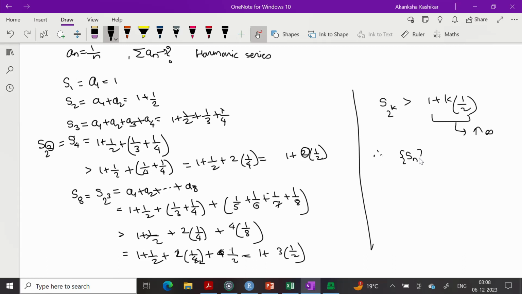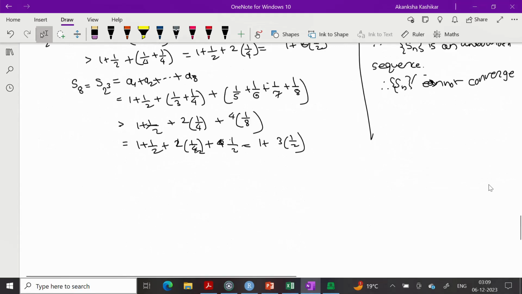Therefore Sn is an unbounded sequence, and therefore Sn cannot converge, because we know that every convergent sequence is bounded. So Sn does not converge, which means the series summation 1 by n does not converge.